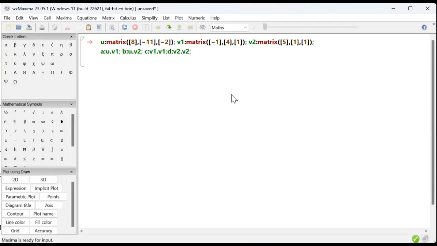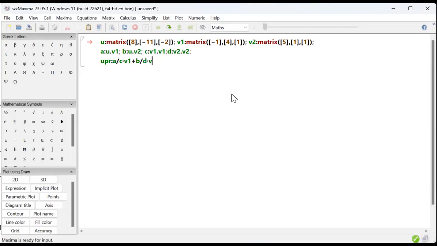And now we can calculate UPR. What is that going to be? It's going to be A divided by C times V1 plus, and then we're going to have B divided by D times V2. That's a scalar multiplication.